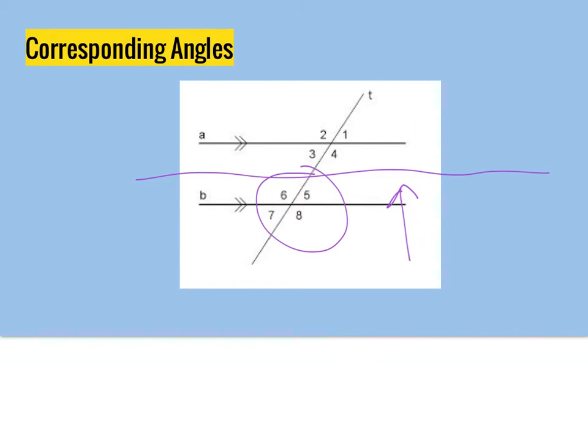So in this diagram, I have angle 1 and angle 5 that are corresponding and equal. I have 2 and 6 that are corresponding and equal. And I have 4 and 8 that are corresponding and equal. And that leaves 3 and 7 corresponding and equal.